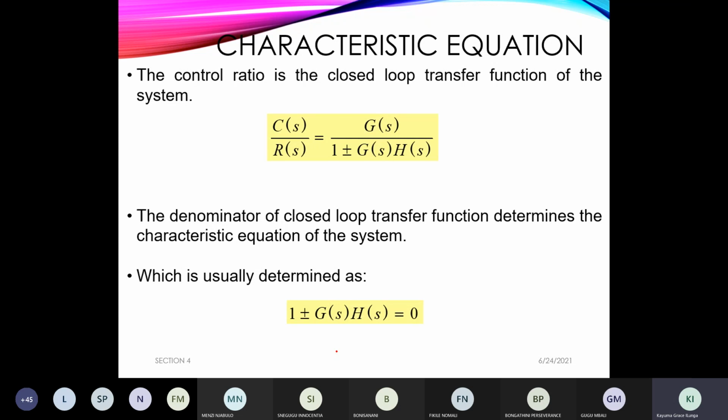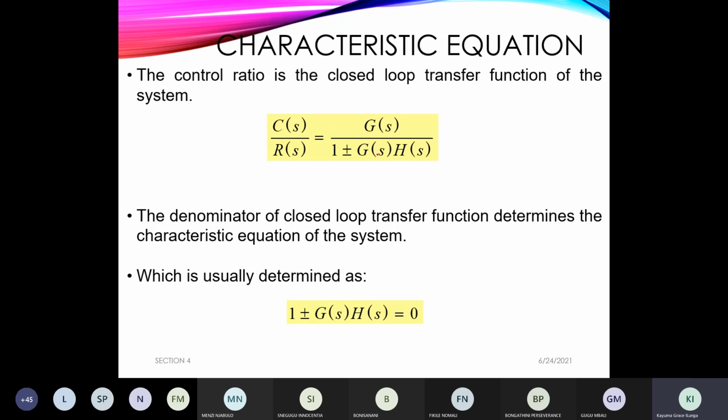Remember, as we saw in time response, the characteristic equation, which is the denominator of a second order, whatever. So this is also called the characteristic equation, the denominator of the transfer function.